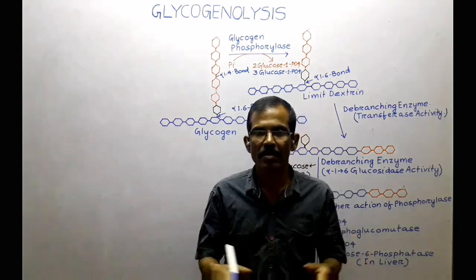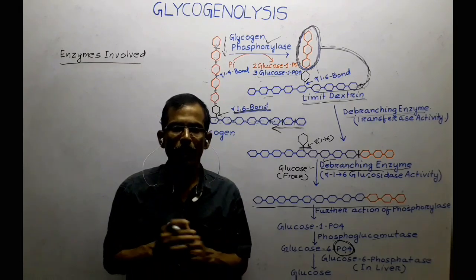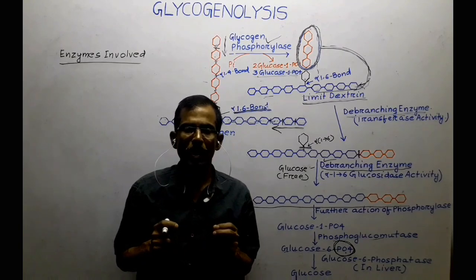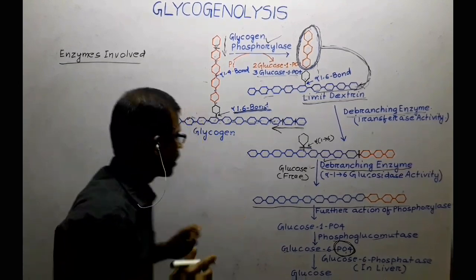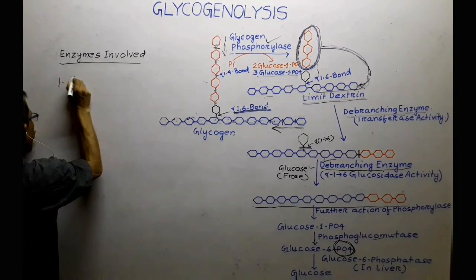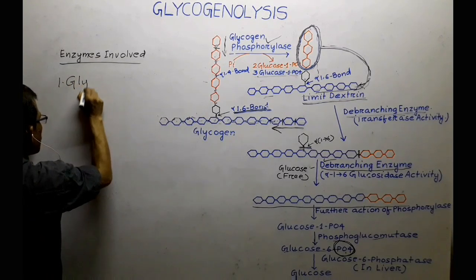for muscle contraction. There are two different enzymes that participate in the process of glycogenolysis. They are number 1, glycogen phosphorylase.